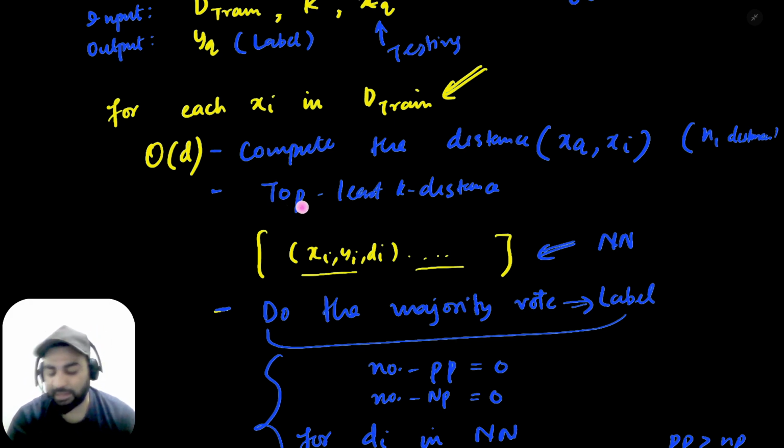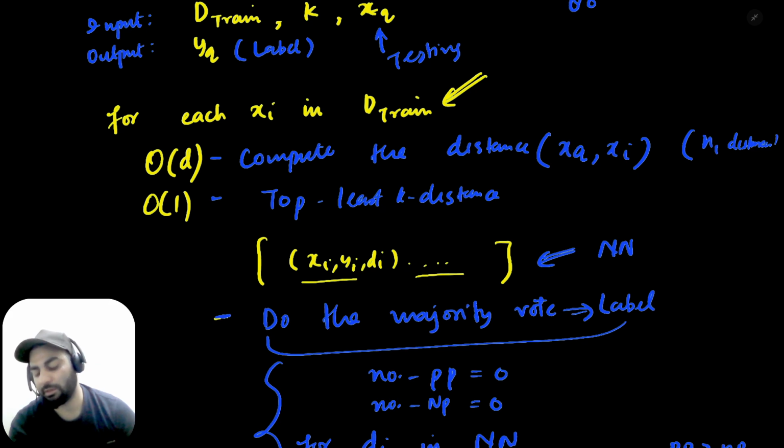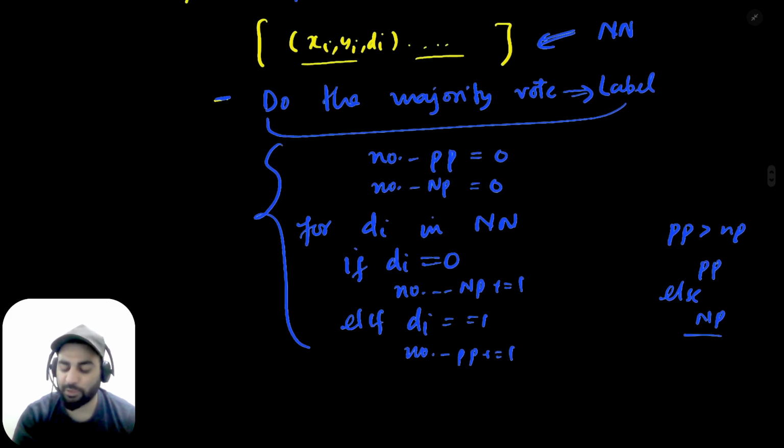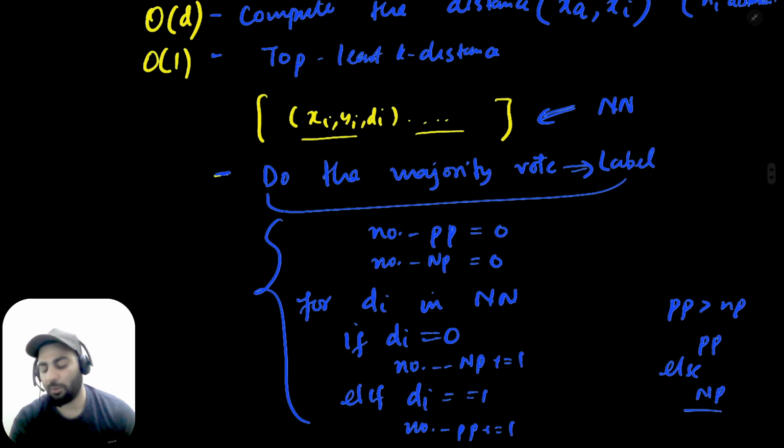Now, there may be algorithms where you can do it in order 1, because you'll do it in parallel. You'll just keep a track of the least k distances, and if a new one replaces one of the previous ones, you can do that. And here also the majority vote is basically order 1, because k is very low.